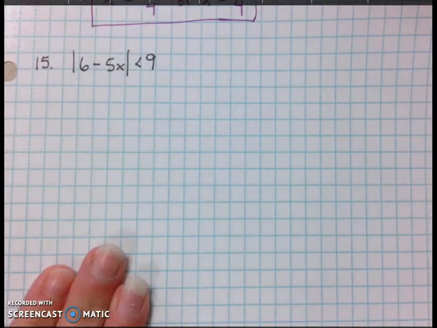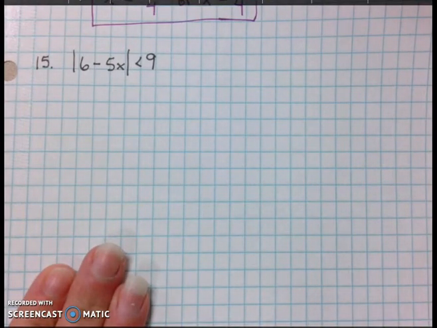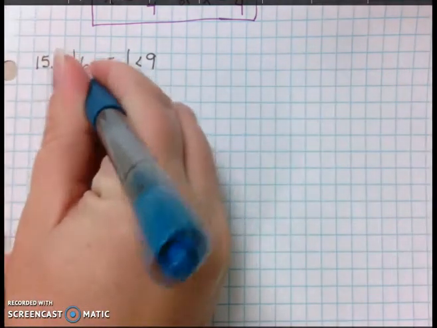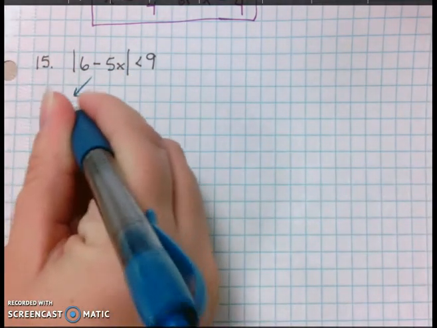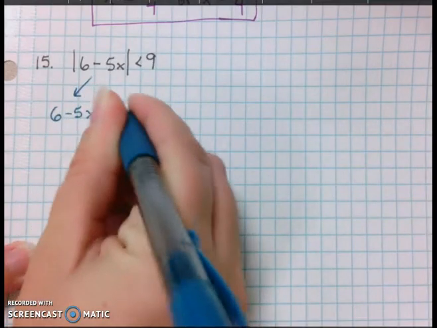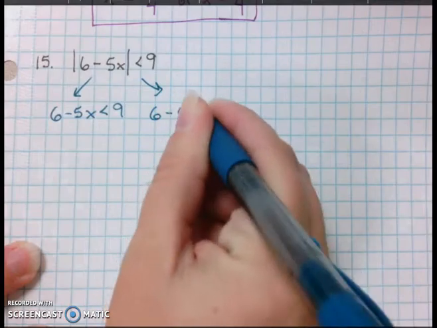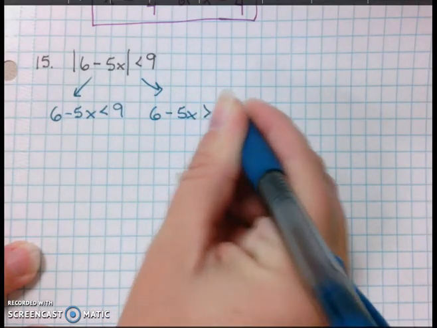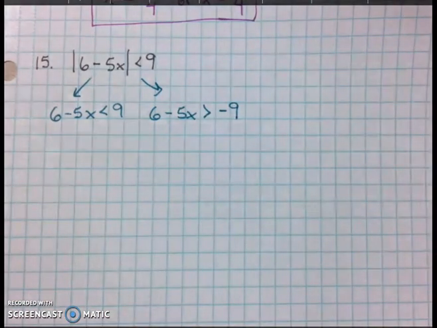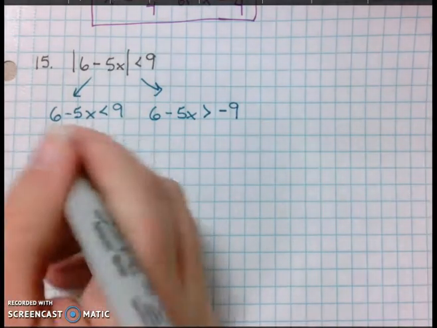Alright, so the absolute value is already by itself in this case. So we're going to split this up. The first inequality is going to be exactly the same. And the second inequality, we flip the sign and make the 9 negative. And then we solve both of these.